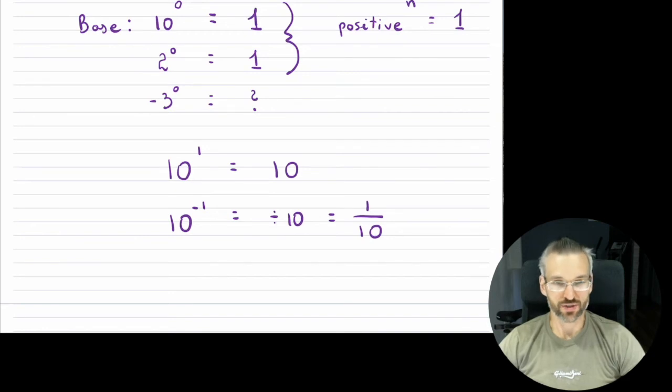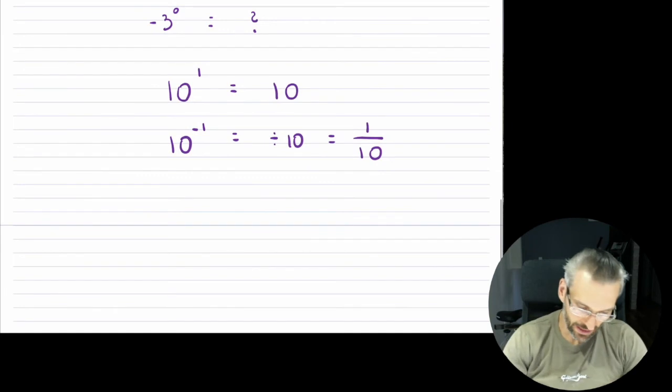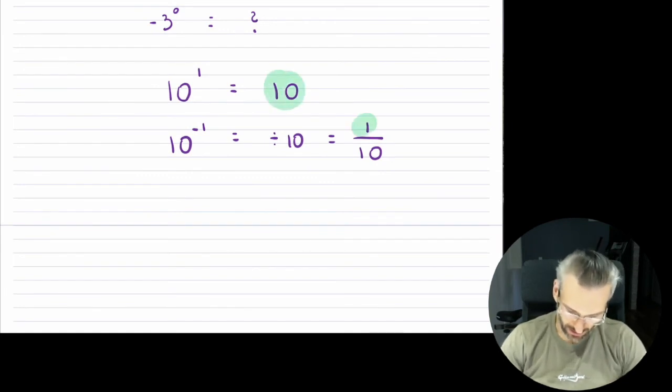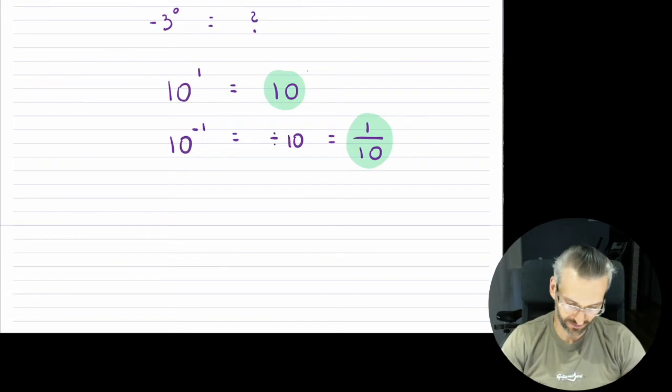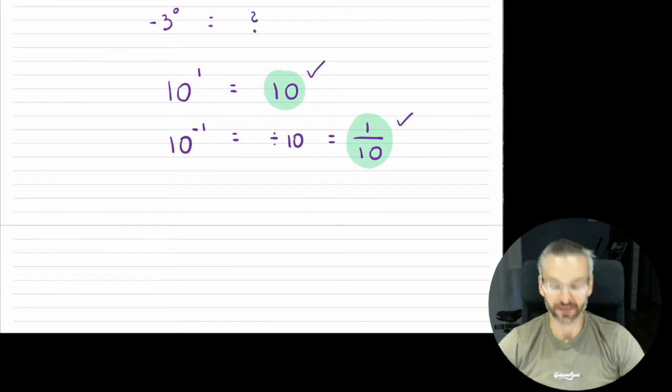So that's interesting. Let me move a little further. What if now I took this 10 right here, and then this right here. What would happen if you took 10 and you divided it by 10?